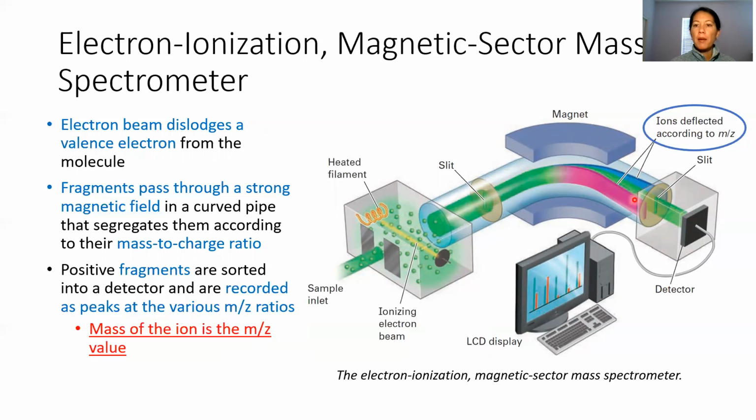This is this curved pipe here, and they're exposed to a magnetic field. And basically those fragments will be separated out, shown here, and a detector will be able to tell you the mass to charge ratio. So for our purposes, our charge is a plus charge. So basically, overall, what you get out of this is the mass of that ion. These positive fragments, they're sorted through this detector, and then you get out a spectrum that'll display those peaks.